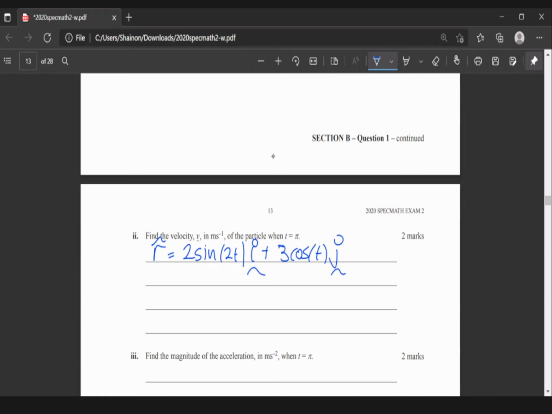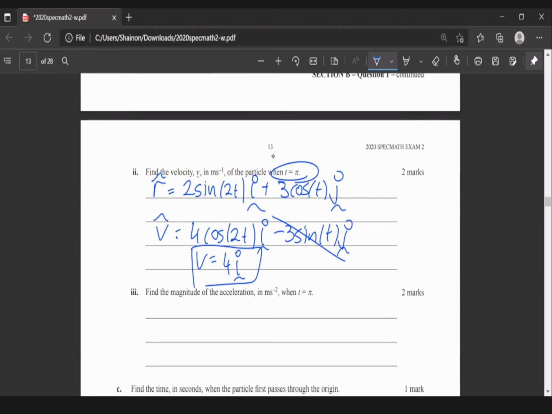Then differentiate this, v is equal to 4 cos 2t i minus 3 sine t j, and we let t equal pi, so that's going to cancel out, and 2 pi is just going to be 4, so v equals 4i, not j, i.